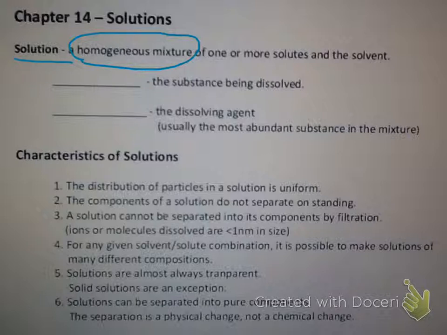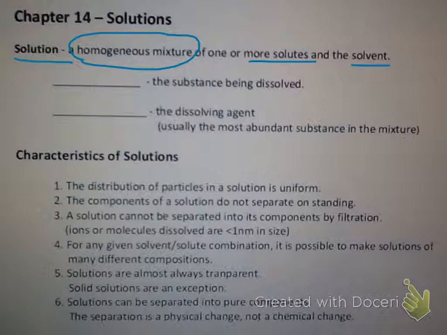So let's look at the definition of solution. Once again, it's a homogeneous mixture of one or more solutes and a solvent. So now we're introducing two new terms, the terms solute and solvent. When you refer to a solution, there are many parts, at least two, but perhaps more. The compound or the substance that does the dissolving, which is usually the one in the major amount, so the one that there's the most of, is called the solvent.